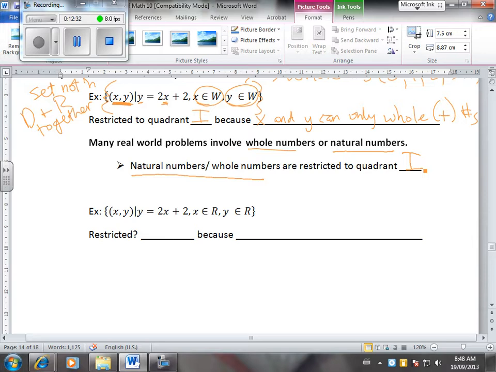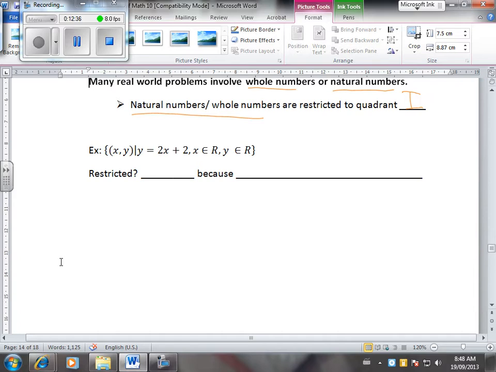If I look at this next one, again I have domain and range together because I have a line, so that's okay. But I look at my restrictions: x belongs to all real numbers, y belongs to all real numbers. Remember that real numbers are continuous; they can be positive or negative, a fraction or a decimal. Do we have any restrictions here? Any quadrant that we can't go into?